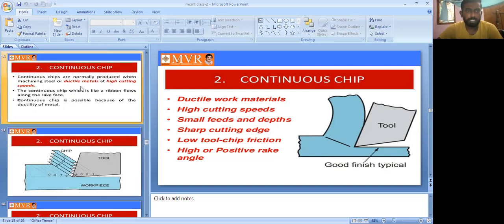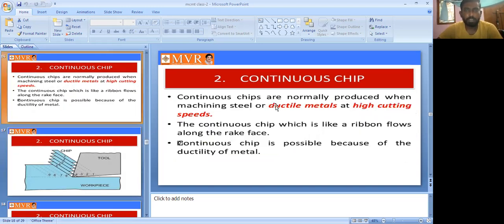Continuous chips are normally produced when machining steels or other ductile metals at a high cutting speed.